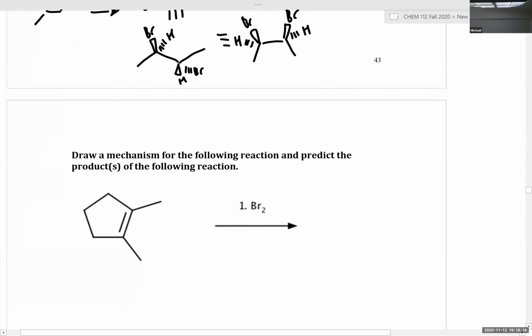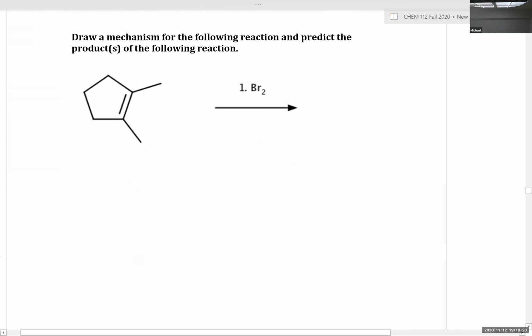Okay, so let's test what we've learned. I'd like you to predict the products of the following reaction. Let's try to draw an arrow pushing mechanism for the following reaction.